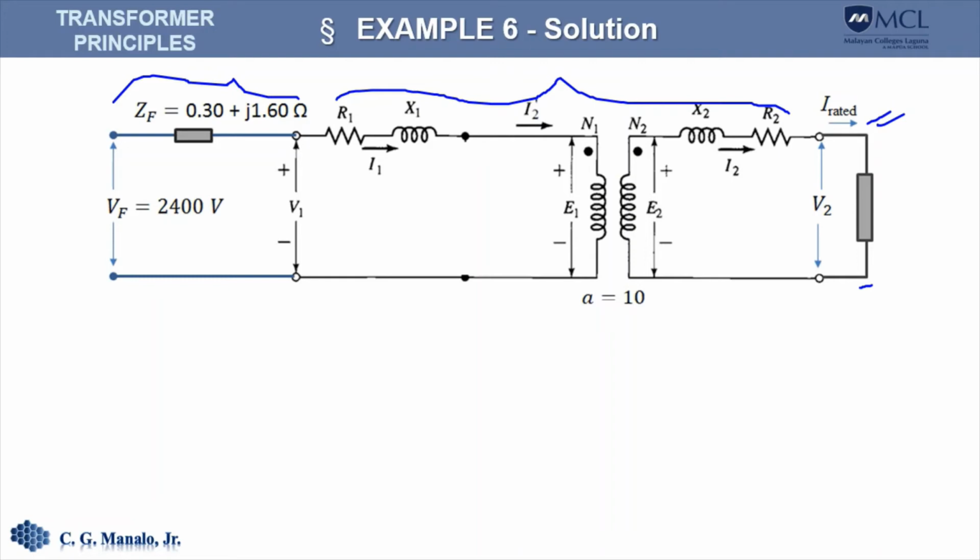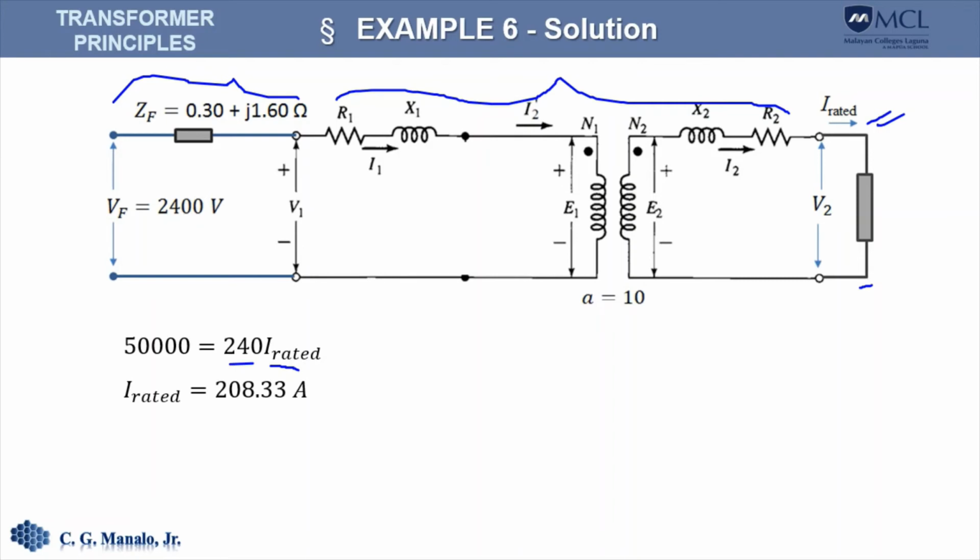So how do we get that rated current supplied by the transformer? If a transformer is supplying rated current, that means that it is operating at its rated kVA. So that means that 50 kVA, which is the kVA rating of the transformer, must equal the rated current of that transformer, which is the output current at the secondary, times the rated output voltage of that transformer.